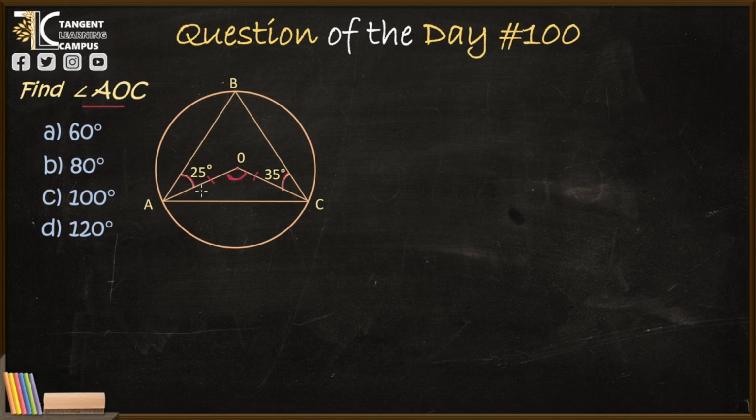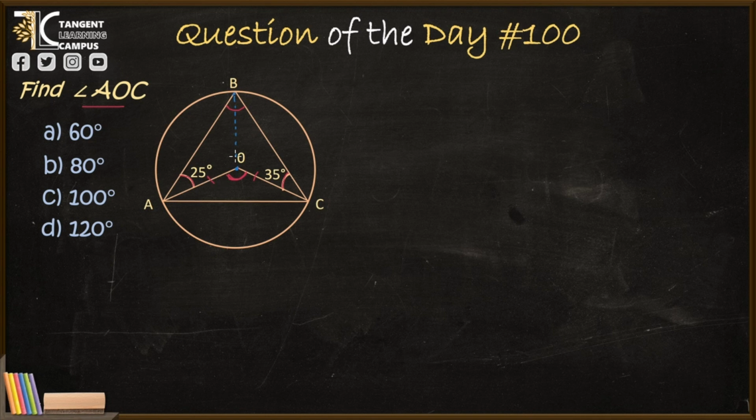But to find angle AOC, we should know what angle ABC is. Since angle ABC is not given, we have to find angle ABC first. So to find angle ABC, let us join O and B. By joining these two points, we observe that OB becomes the radius.